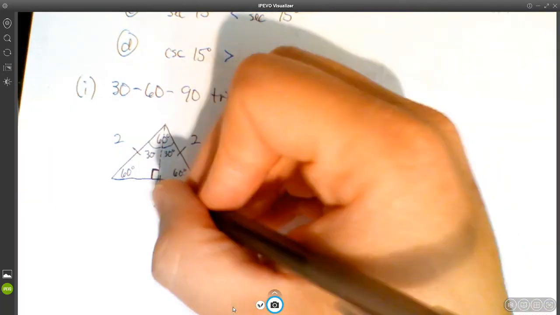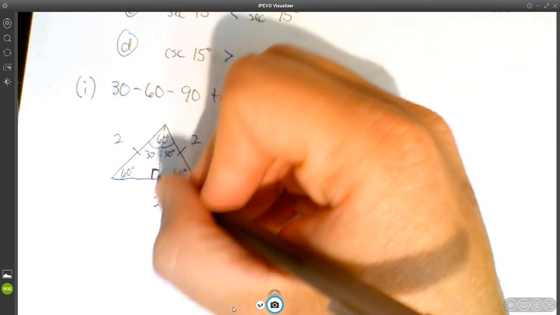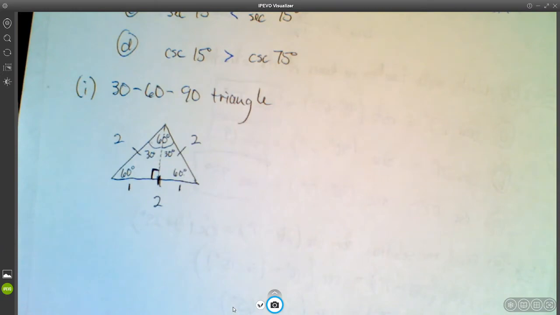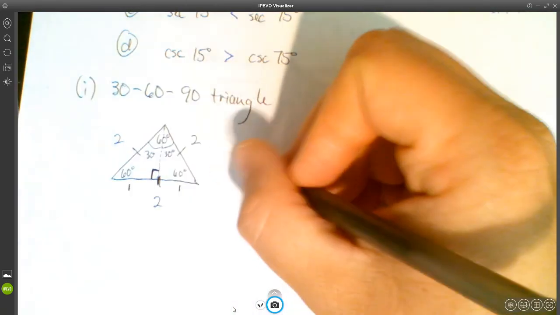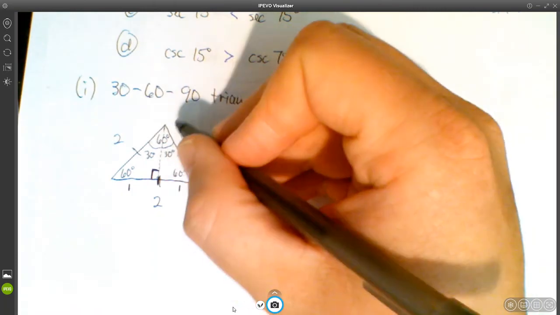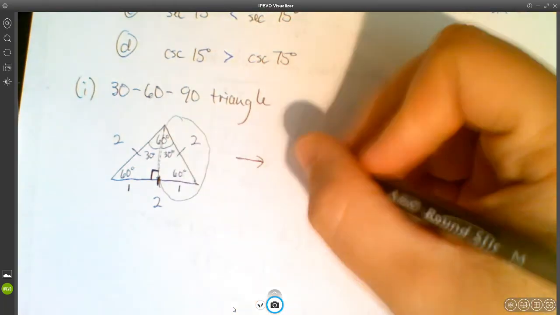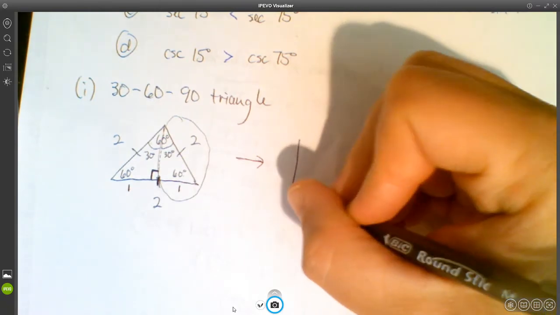And I've also bisected this side so that this is now length 1 and length 1. That's why I wanted to start with length 2, right? So that when I divide it, it comes out as a nice whole number. But if we kind of split this up now, I'm just going to look at one of these triangles. I'm going to look at this triangle right here. Okay, so redrawing it. Here's what I've got.